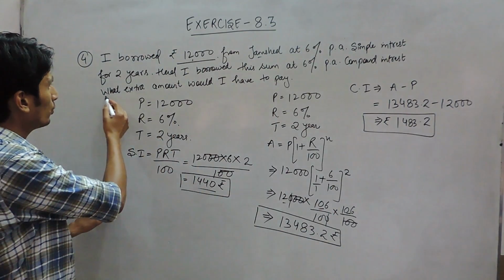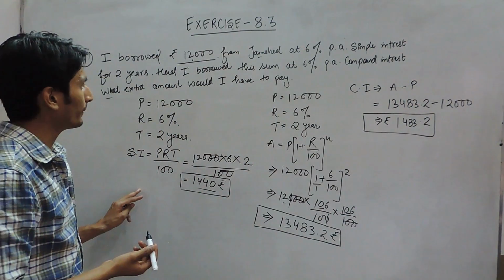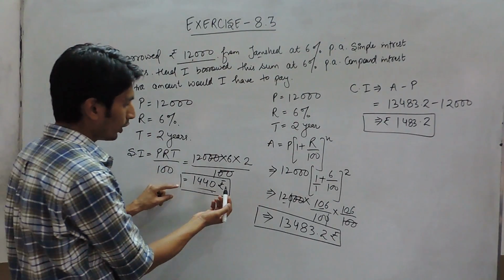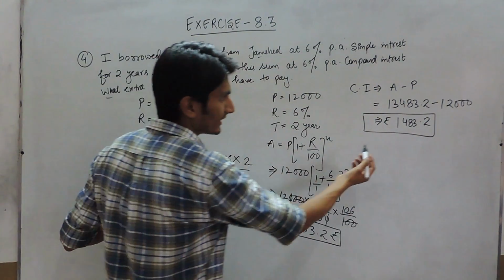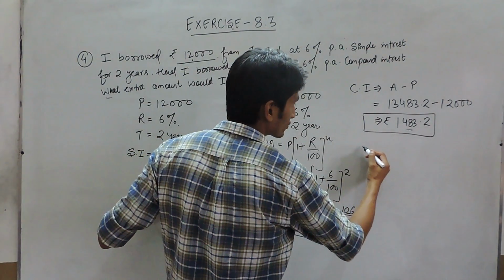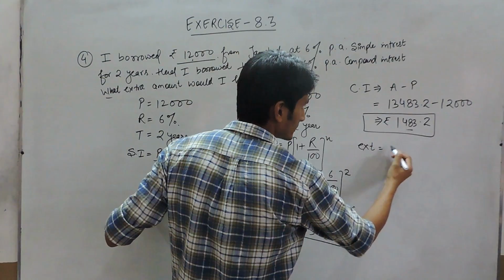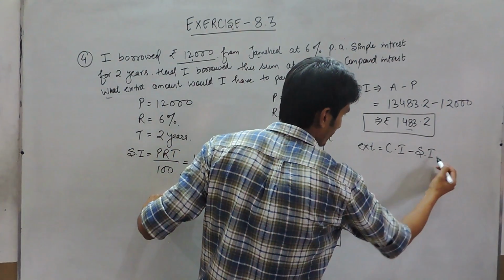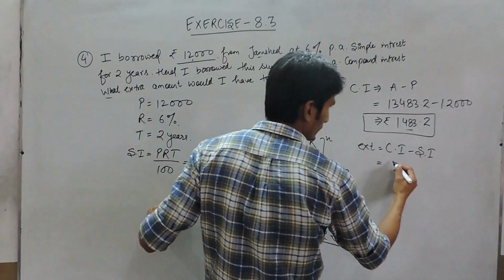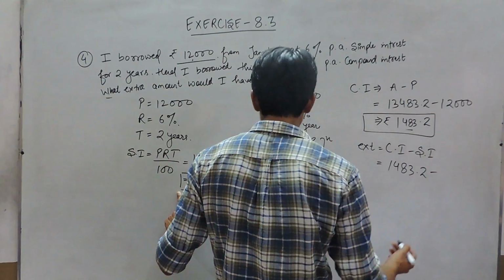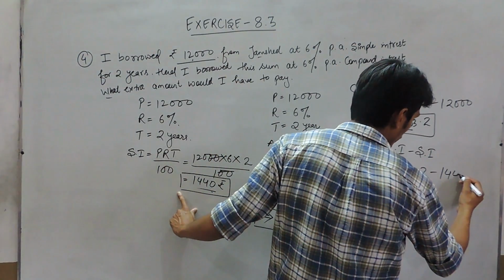I have to find what extra amount I would have to pay. So in the first case I have to pay this much interest, and in the second case I have to pay this much interest. So the difference, or you can say the extra amount I have to pay, is obviously CI minus SI. So CI is 1483.2 minus SI is 1440.